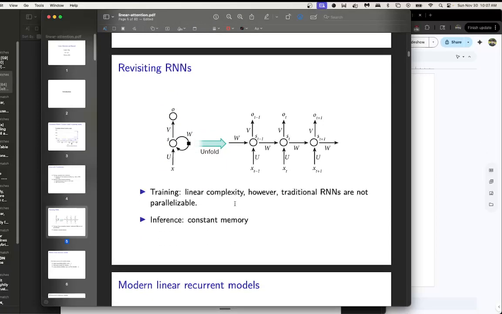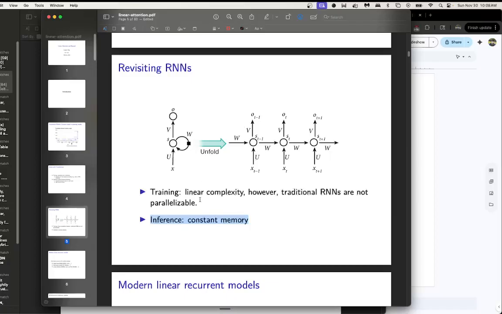So let's, starting from first principles, revisit our old friend, the RNN, which does not have some of these problems. It has different problems. During inference, we do not need to store the KV cache because it just has a hidden state that it updates at each time step, or at each token during autoregressive decoding, so you don't have to store a key and a value for every single prior token in the context.